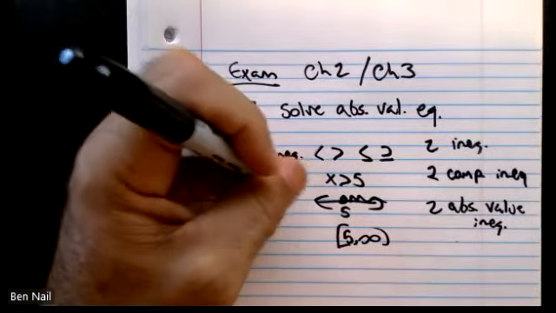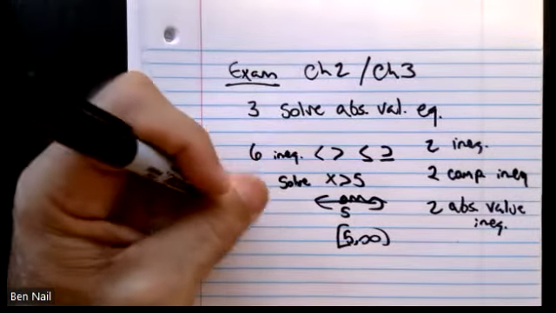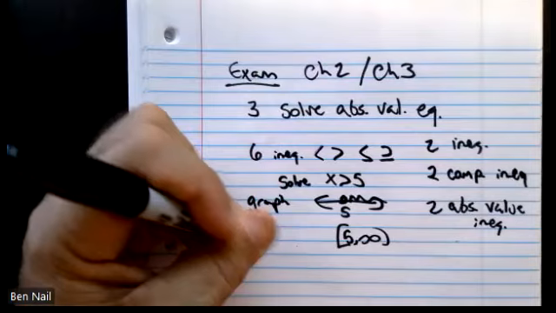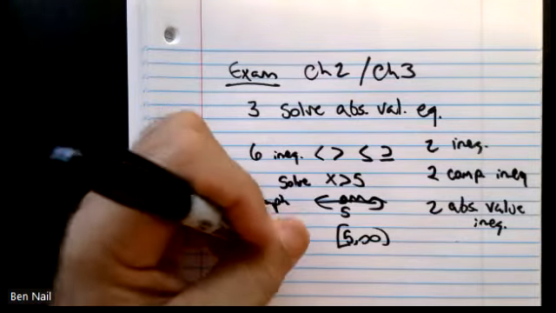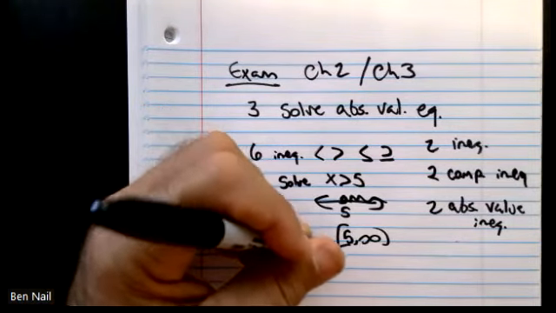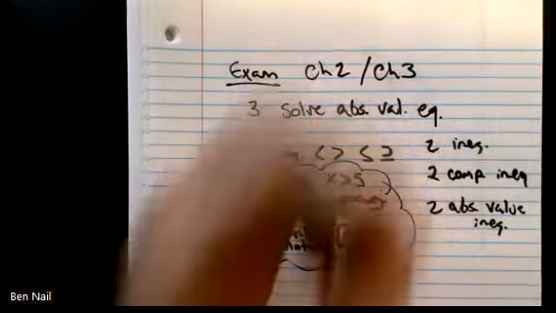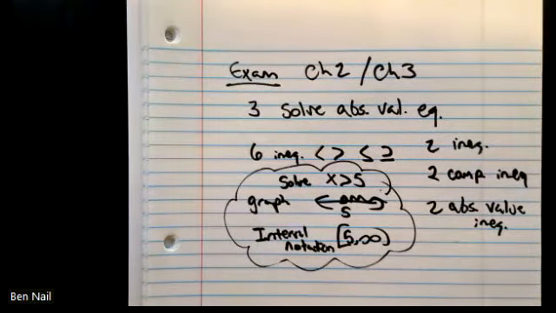But for all of these, you need to be able to solve, you need to be able to graph, and you need to be able to give interval notation. I want to be able to see all of these things. We covered that in the first couple of nights of class.